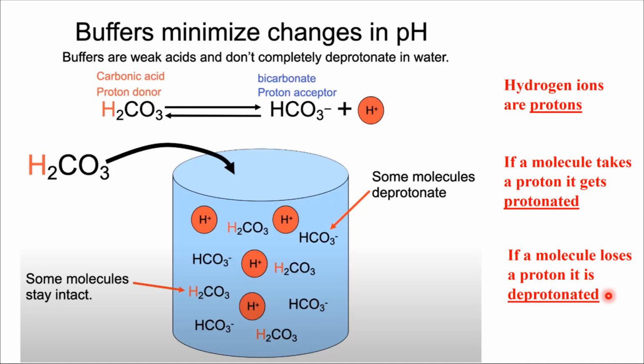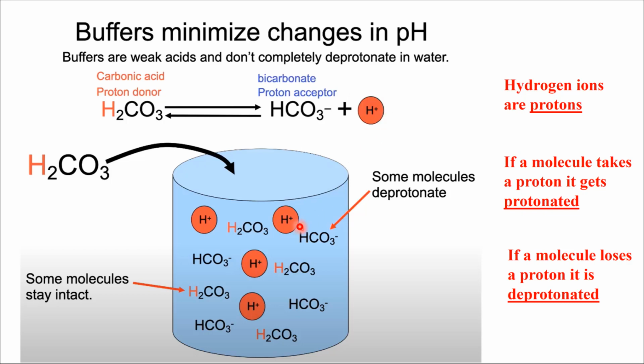Okay, let's go back to this idea of buffers not completely deprotonating in water. We're seeing two forms of carbonic acid here, which is a buffer. This is showing it in its protonated form, and on the right of this equation, it's showing it in its deprotonated form. Notice that it has lost a hydrogen ion, it has lost a proton.